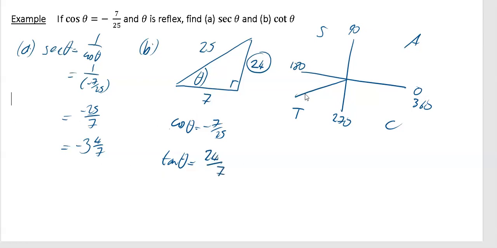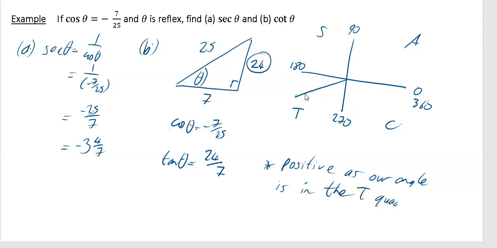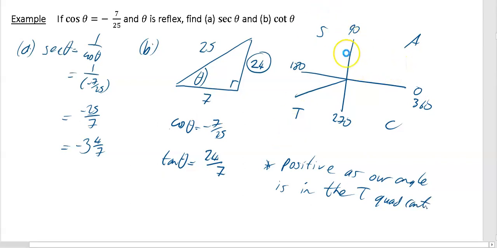We'll just make a wee note for our notes: it is positive as our angle is in the T quadrant. I've said the T quadrant; a lot of people call that first, second, third quadrant really for that one, but it's absolutely fine. And that's it.